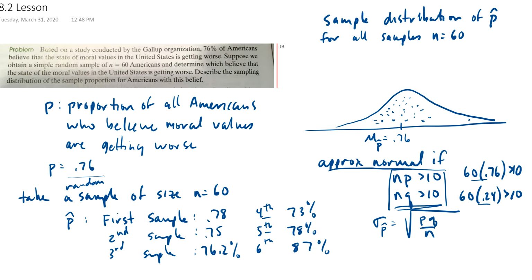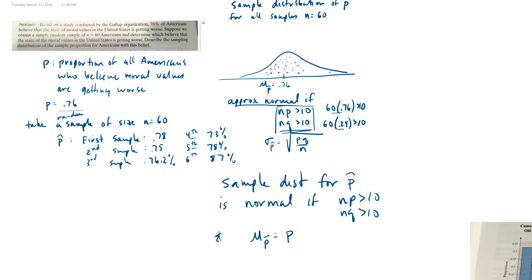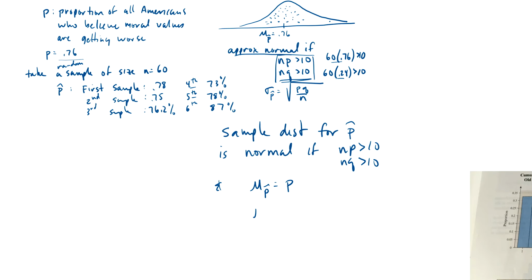The sampling distribution for p hat is normal if NP is bigger than 10 and NQ is bigger than 10, and the mean is whatever the original population proportion was, and the standard deviation is the square root of PQ over N.